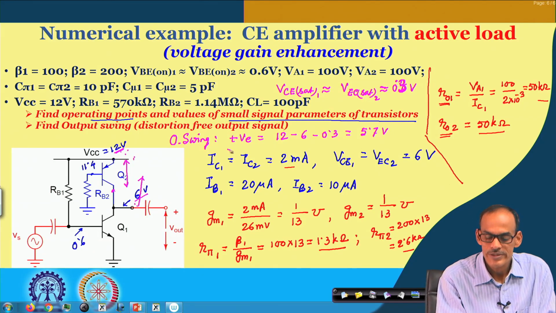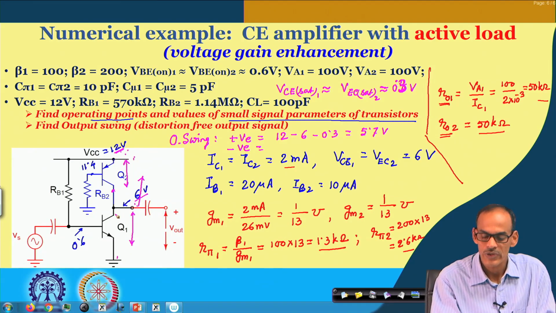Likewise on the negative side, here we have 6 volt, it can go as low as ground plus 0.3, so 6 minus 0.3, that is equal to 5.7 volt.